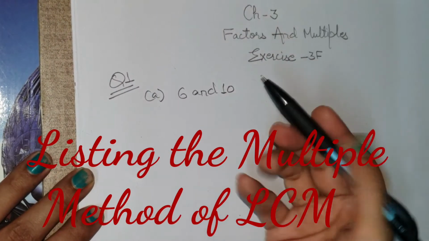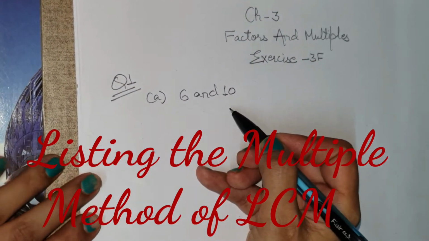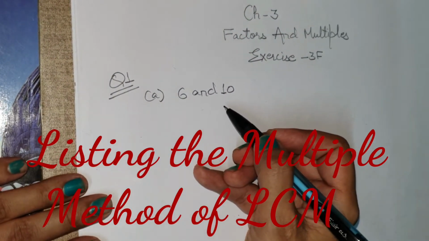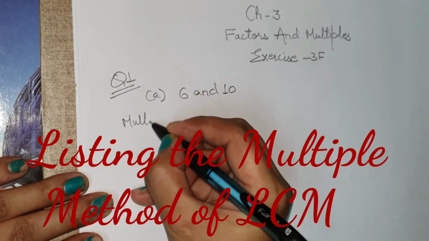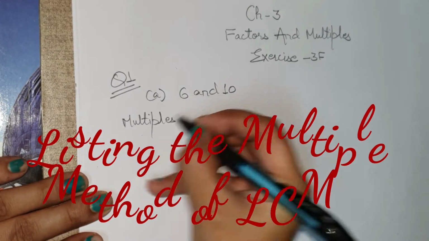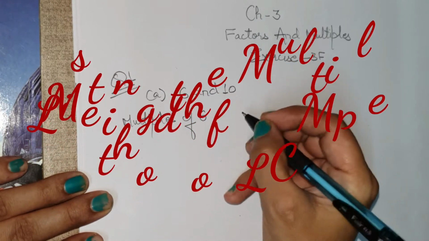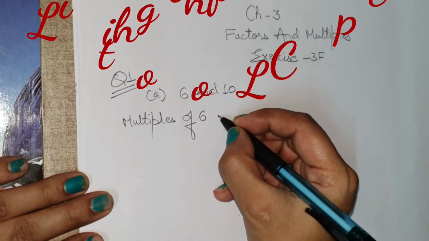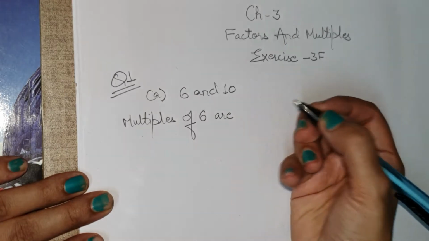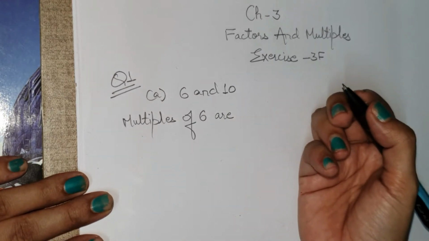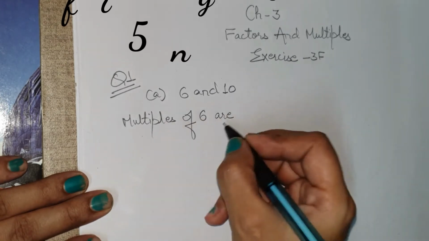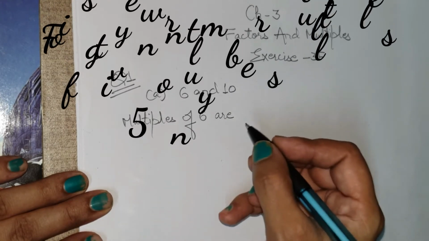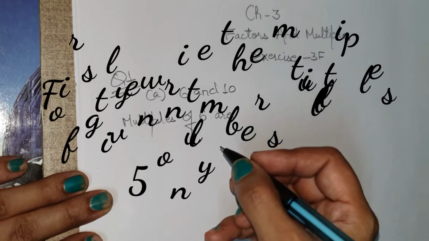See, like this we will find the LCM by listing the multiples. First of all you will write multiples of 6. We can write the multiples of any given number till either 5 or 10. So first of all we will write the multiples till 5. Multiples means table only, as I told you in the previous exercise.